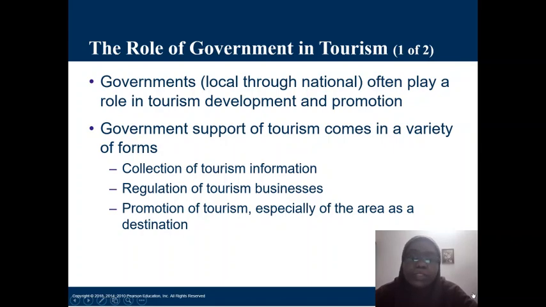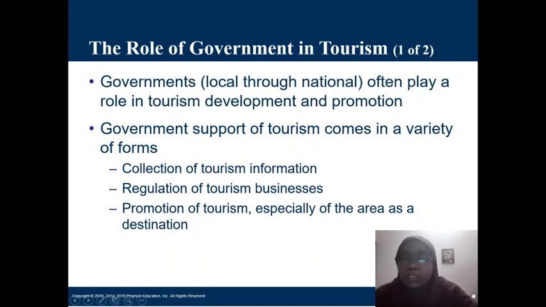For example, it could be collection of tourism information. Government might assist in the collection of tourism information so that this information can be used by researchers and to predict what is likely to become of the tourism industry.